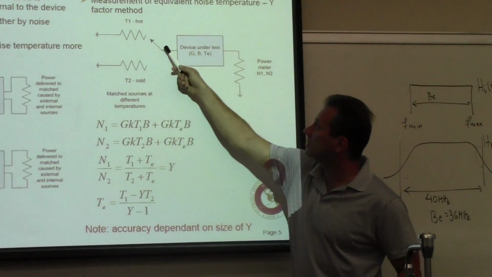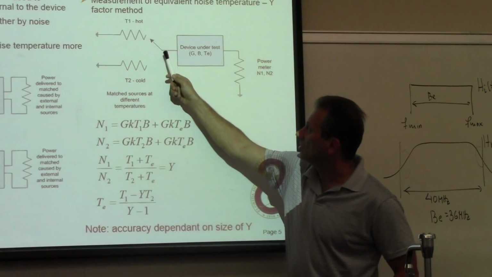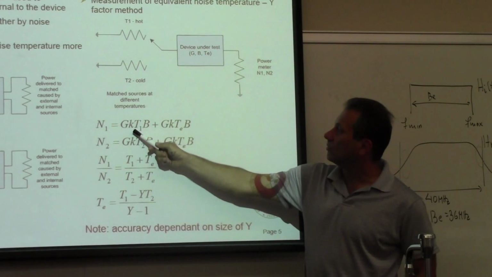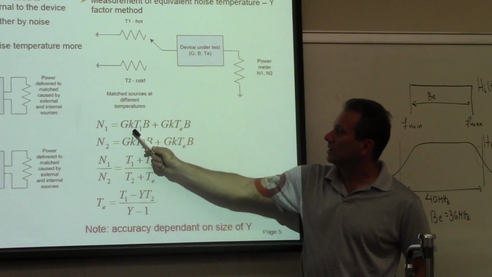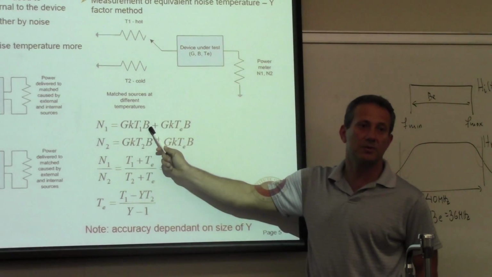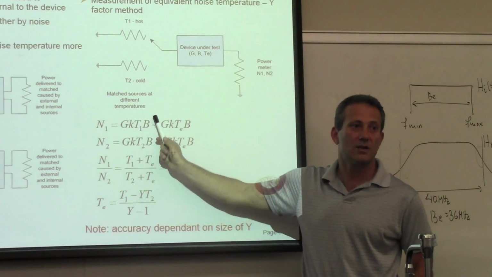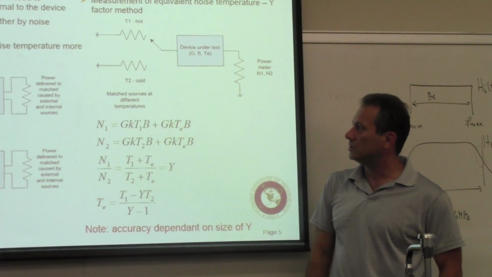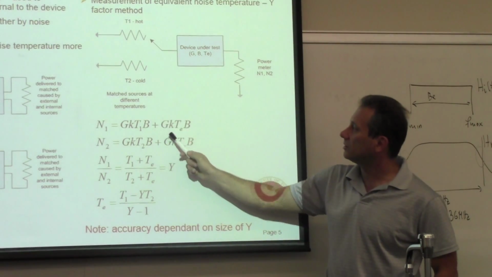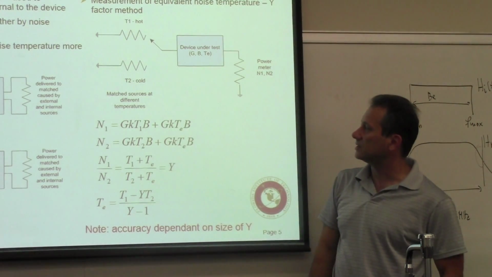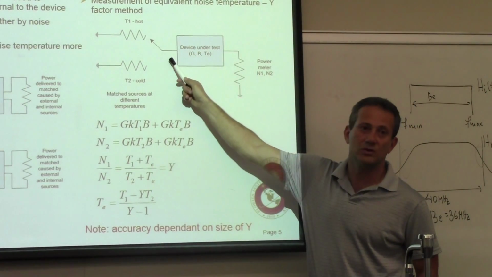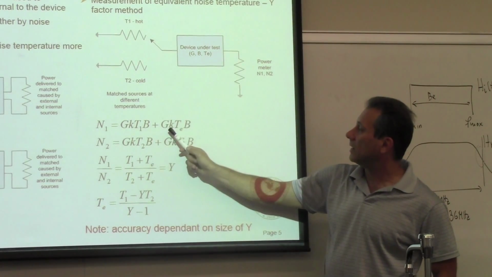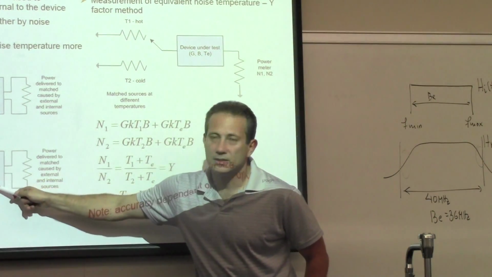Let's say when you connect the device under test to the hot source here, the total noise power at the output would be whatever is generated by the source, which would be kT1 times B, that's the power spectral density times the bandwidth, times the gain, plus the internal noise generated by the device under test. Now, assuming that I'm putting that noise up front, this would have been the power of the noise as seen in this scenario.